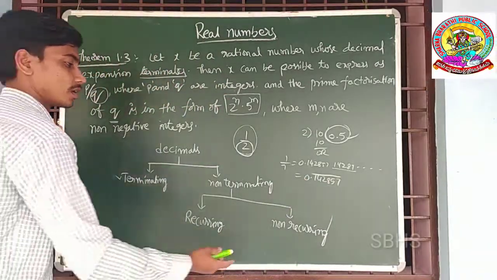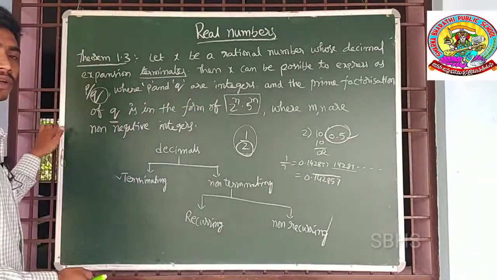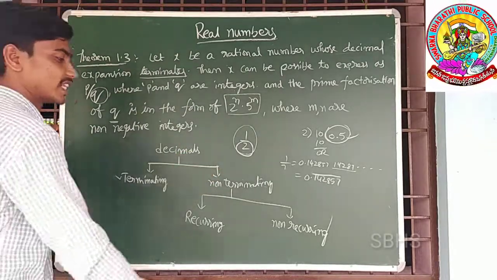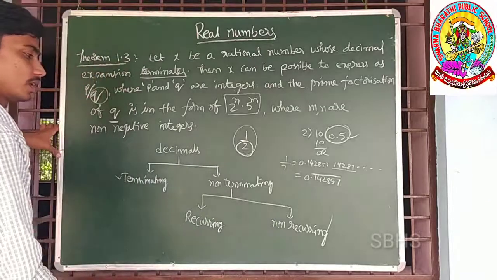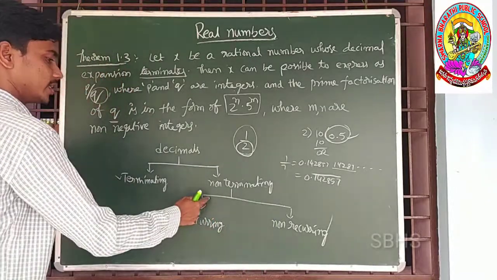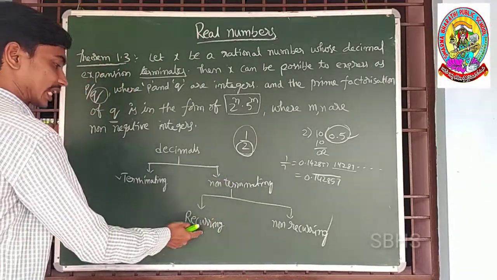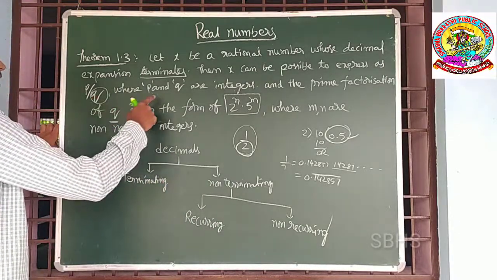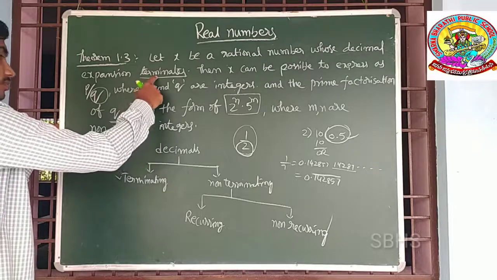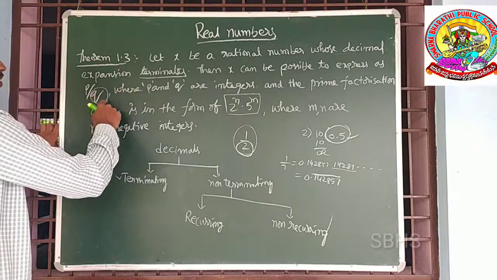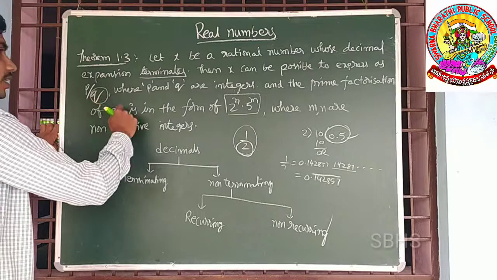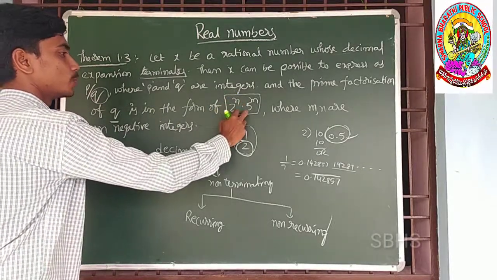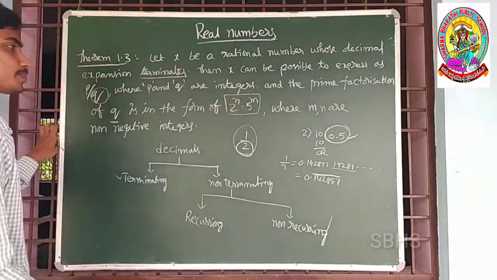Clear? For example, the value of pi is 3.1417 and so on, there is no ending point of pi, so that's why it is a non-terminating and non-recurring decimal. A terminating decimal is one whose denominator's prime factorization is in the form of 2 power n or 5 power m, or a product of 2 power n and 5 power m.